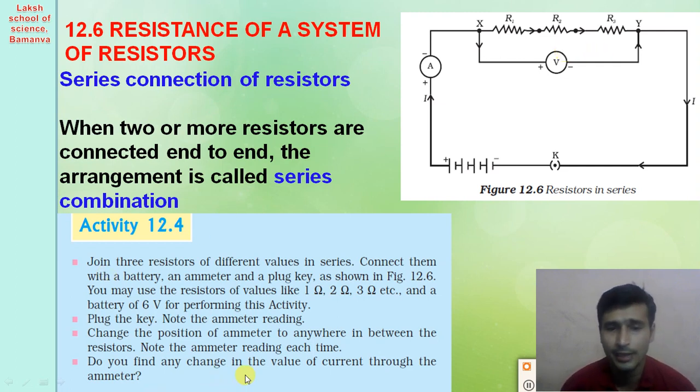Do you find any change in the value of the current in the ammeter? There is no change in the electric current. In each case the current passing through the circuit is the same. From this activity, we can conclude that when resistors are connected in series, the electric current passing through each resistor is the same.